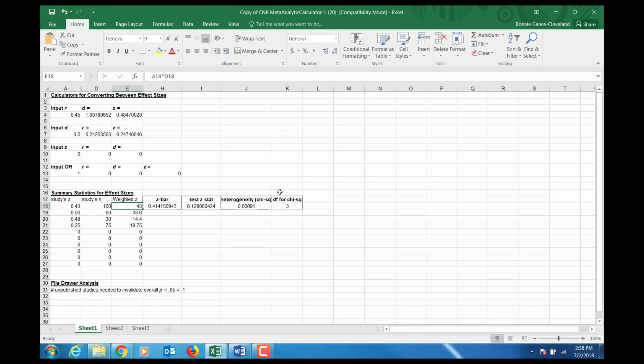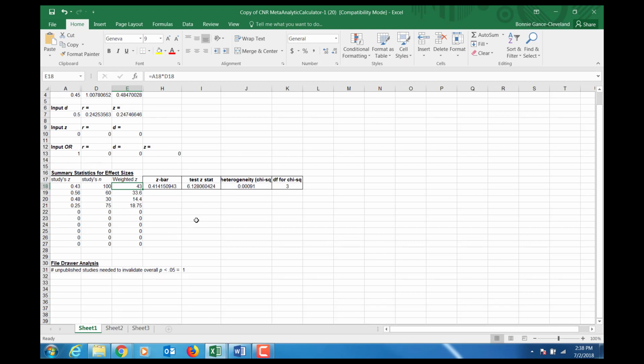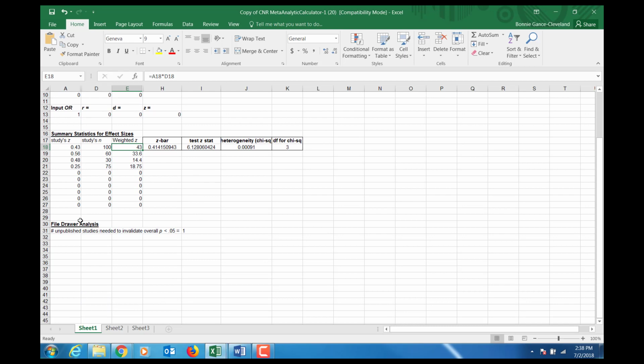The next step then is to use this Z-test score, and you're going to look up that Z-test score in the Z table to get a p-value. And in this case, the Z is greater than 1.96, so your p is less than 0.05. And your final step then, step 4, is to do this file drawer analysis.